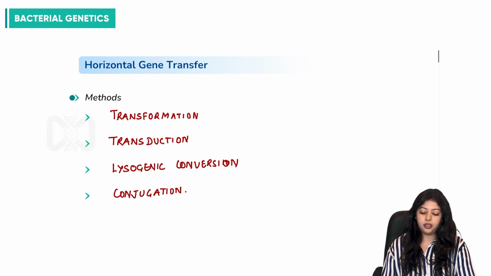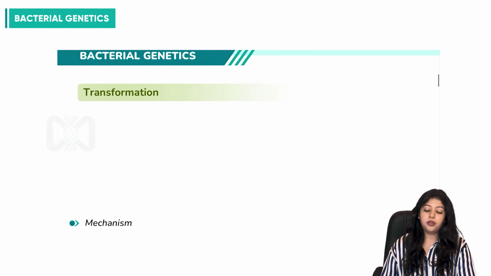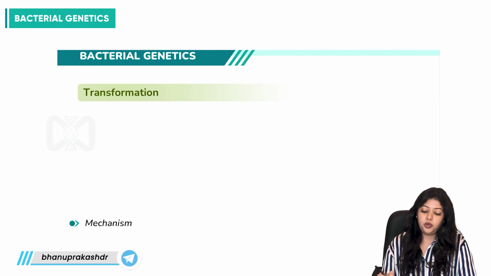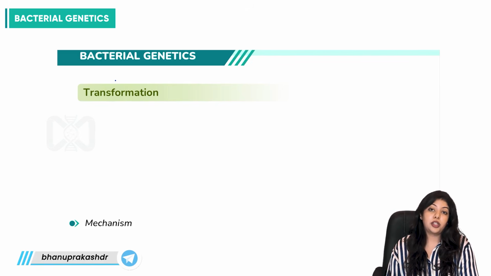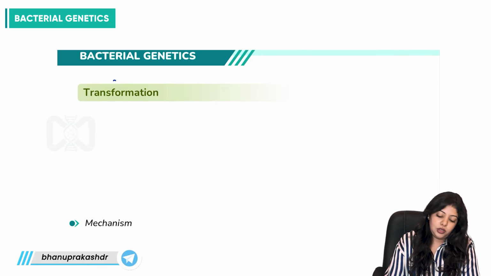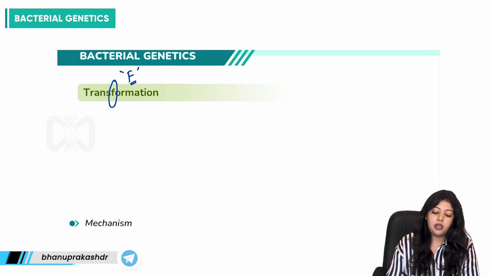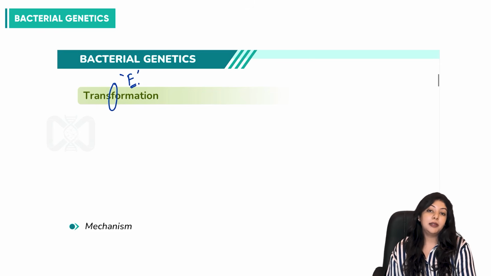To begin with, let us talk about transformation. What do we really mean by transformation? From transformation, always take the letter F, which would be included in the mechanism and the definition itself.